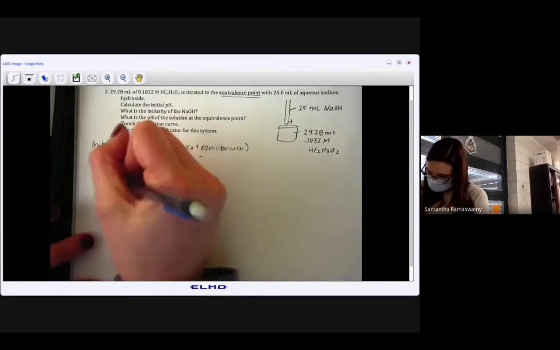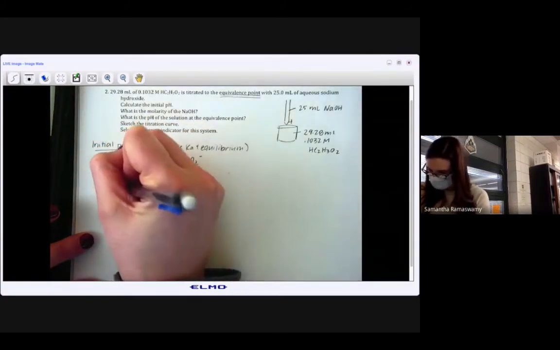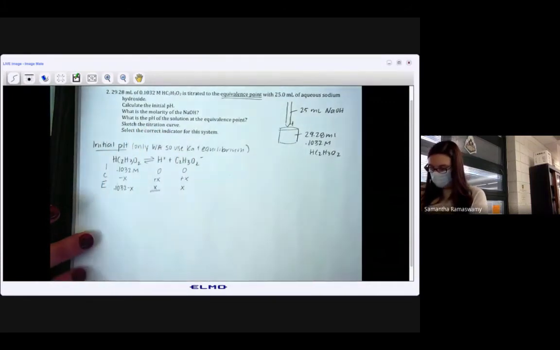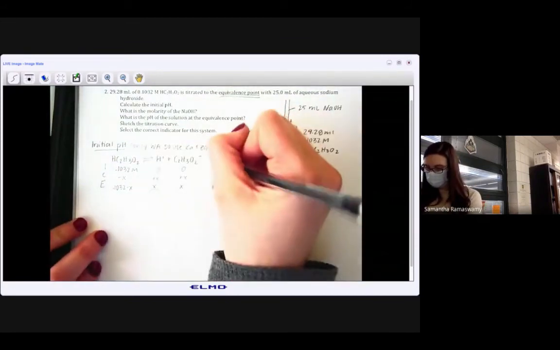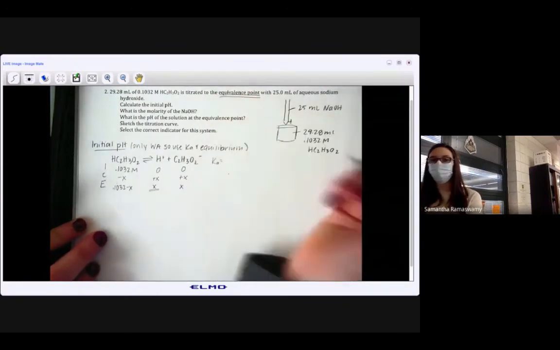So I'll go ahead and use X's. And I know that to plug this in, I'm using a K. Because it's producing H plus, it's Ka.